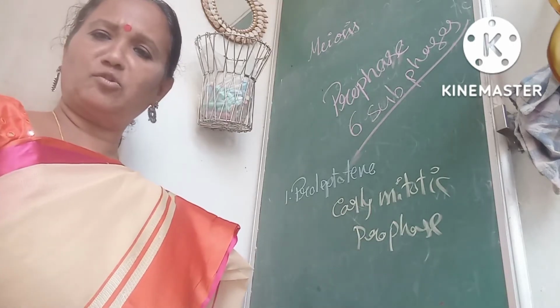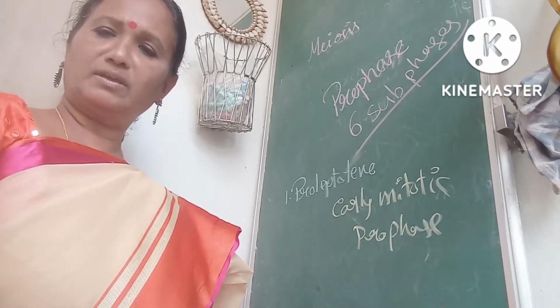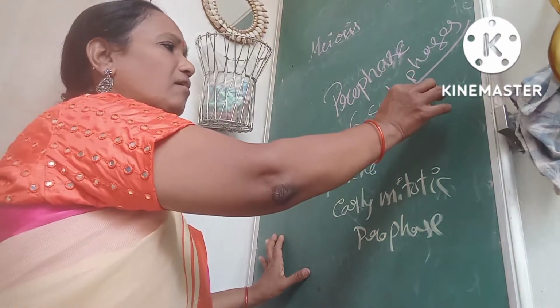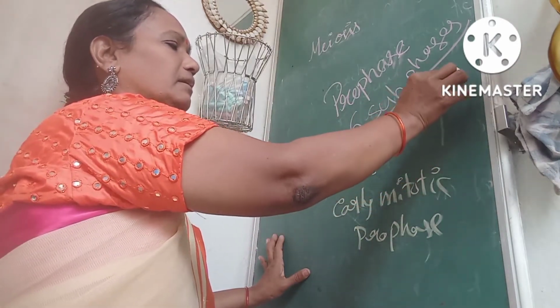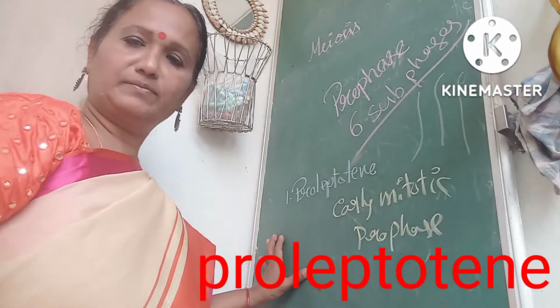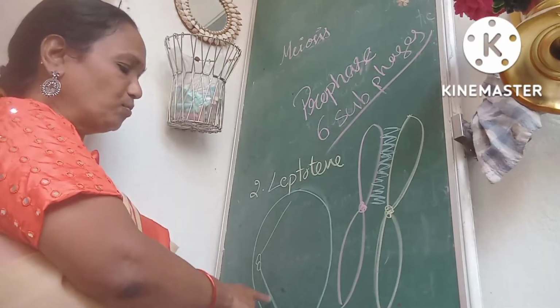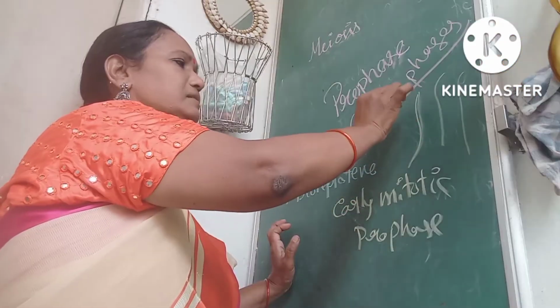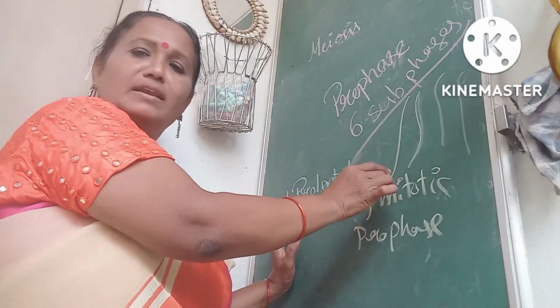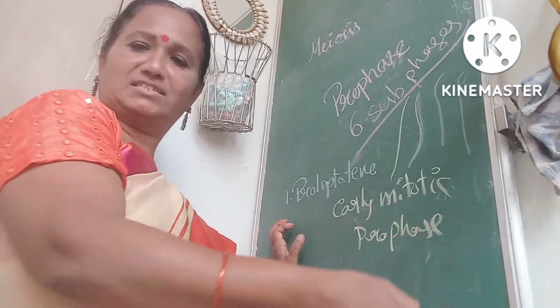Now, what is the early mitotic prophase like? At this stage, chromosomes are long, thin, and uncoiled. The chromosomes duplicate and move to opposite poles of the nucleus. Longitudinally, they are single, thread-like structures.